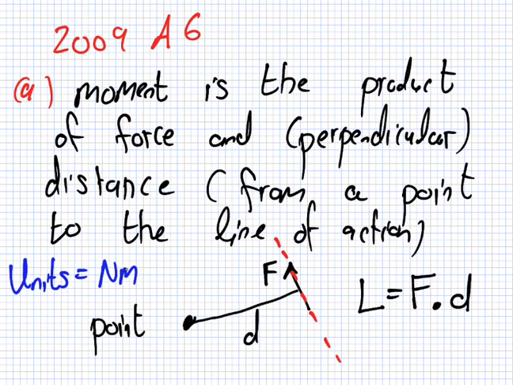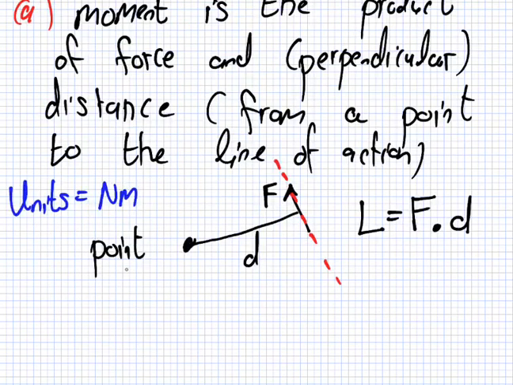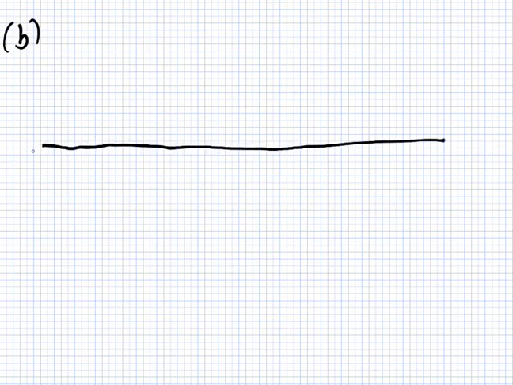Okay, can I go to the next part now? So the next part, part B, I'll draw the diagram for you. What you have is you have a beam, and here there is a, let me put the weights in red. There's a 15G weight here.